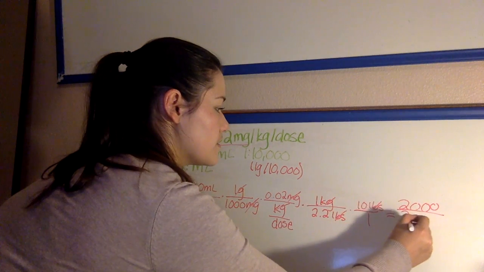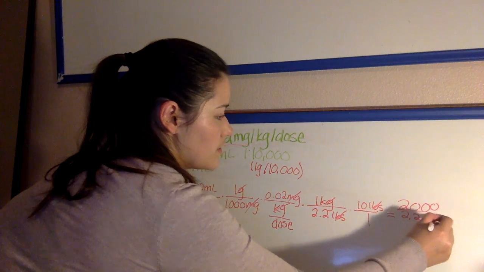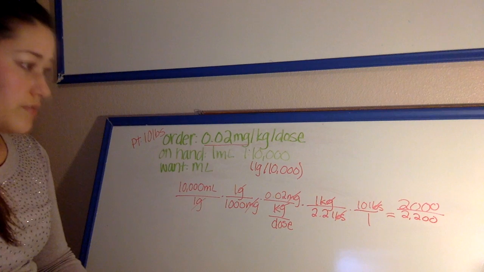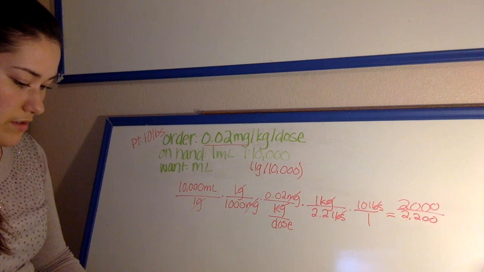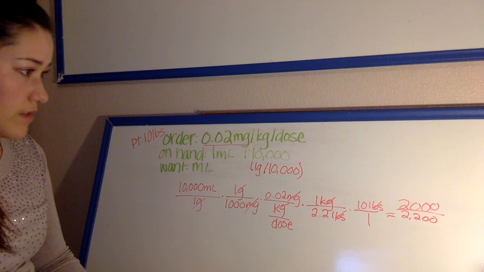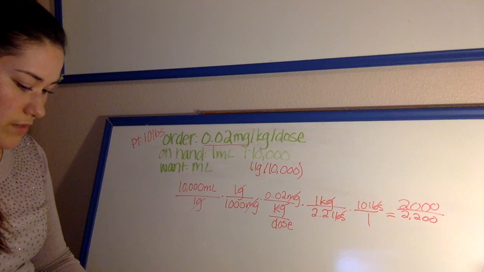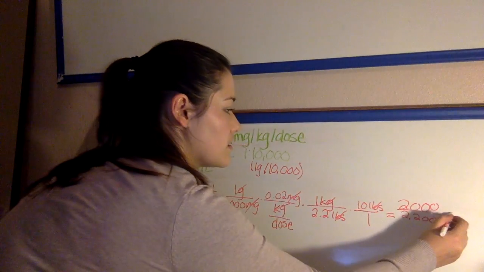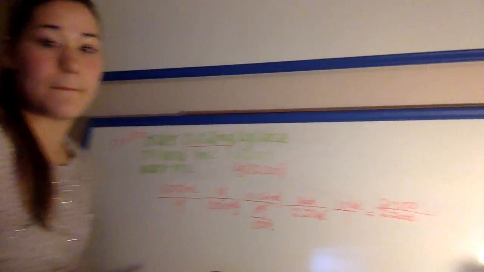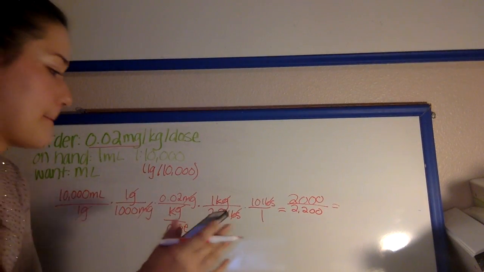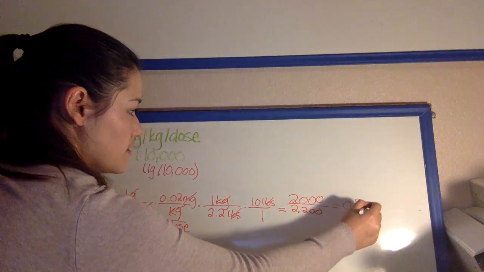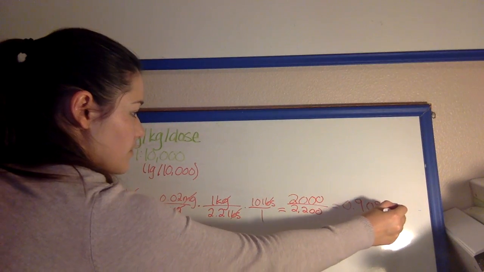That equals 2,200. So if I take my 2,000 and divide it by my 2,200, that gives me an answer of 0.909 and so on and so forth.